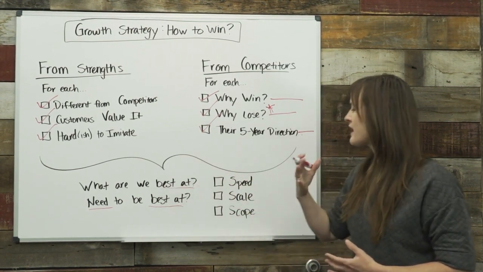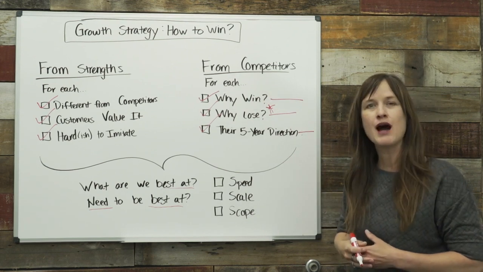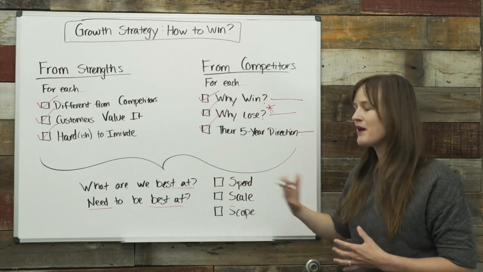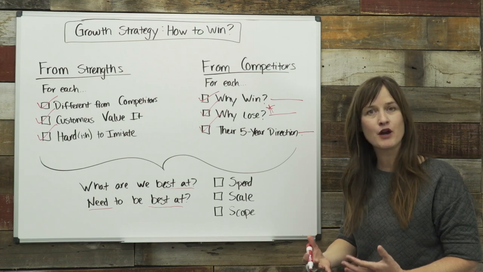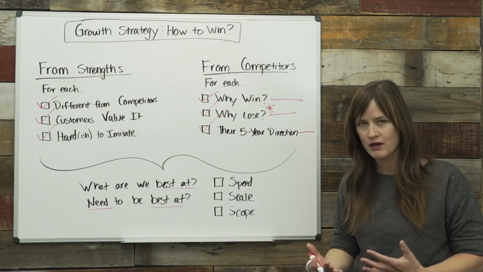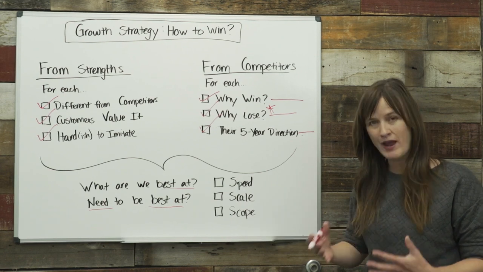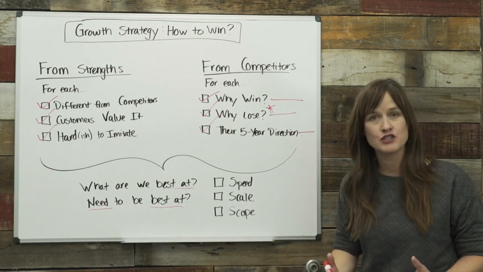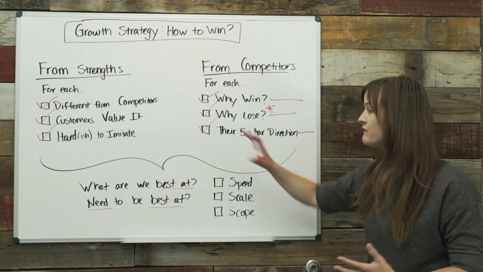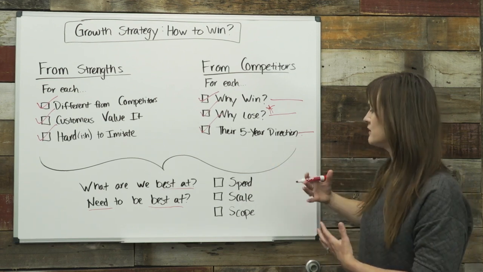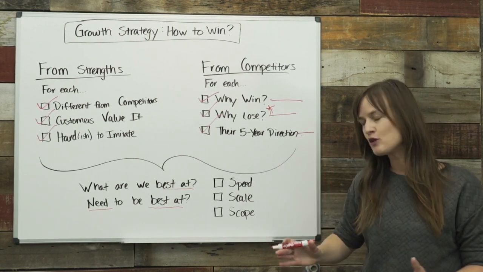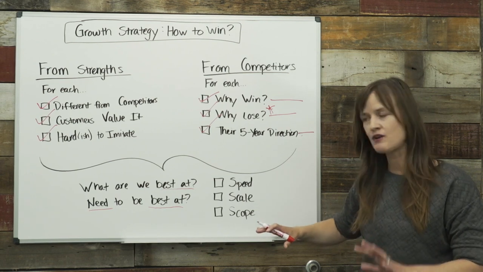So if you zoom all the way back out, we're trying to answer the question, how will we win? We win by being best at something, better than our competitors, and driving value to our customers. When you look at it, there are 3 different ways that you can be differentiated, or 3 different ways that you can win if you were to summarize all this and stand back and look at it. And this is based on Michael Porter's 3 generic strategies.